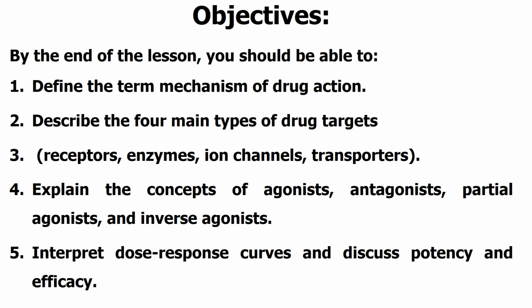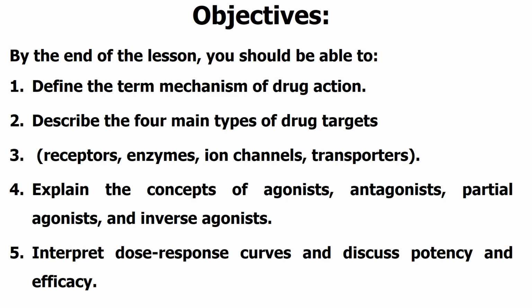What do we expect to achieve at the end of this lecture? We have 5 points in mind. These are that at the end of this lecture, you should be able to define the term mechanism of drug actions.